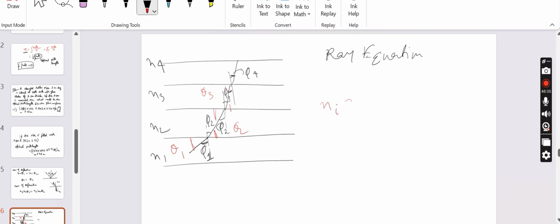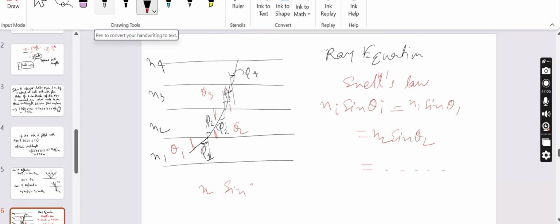So this is Snell's law for the angle of refraction and so on.